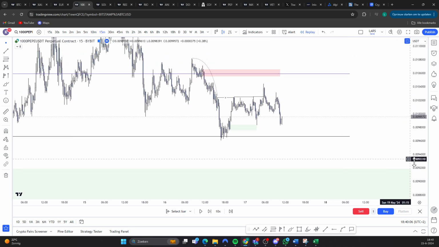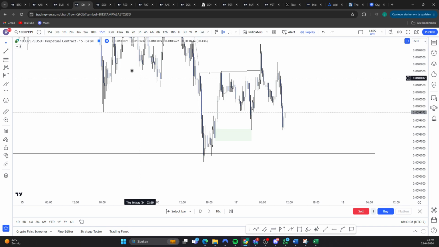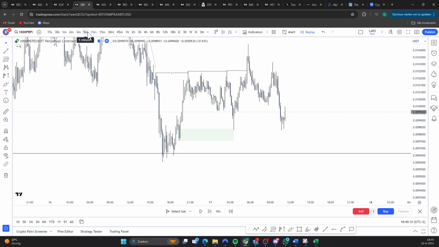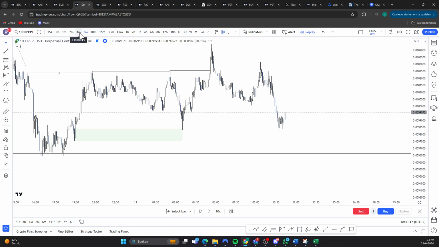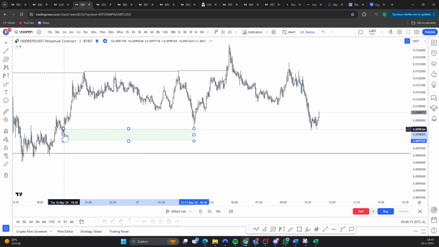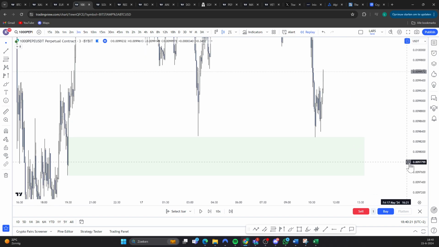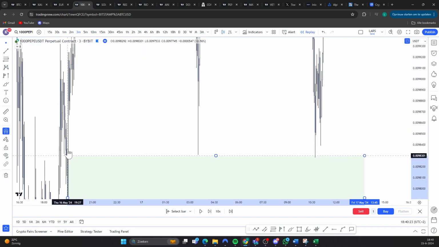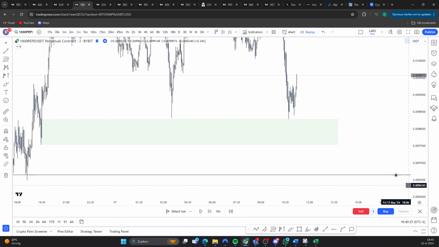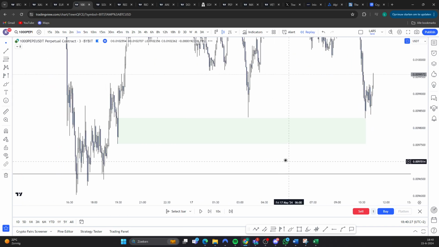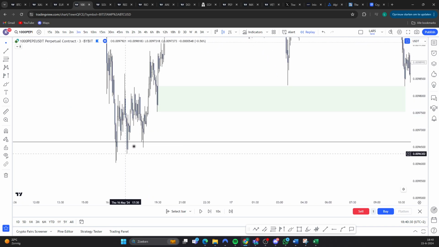Like, is there something that needs to be mitigated lower before potentially coming higher? Well, there's your answer. Besides that, we just have liquidity.